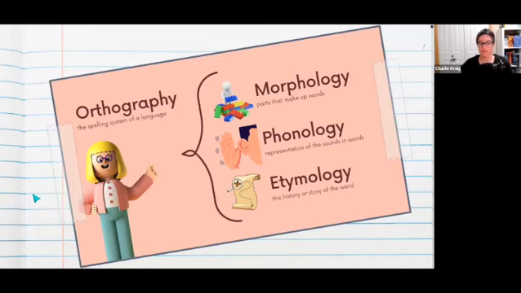Because one of the pieces that has historically been missing from spelling instruction is understanding that the purpose of English spelling is to communicate meaning first and foremost. And that's where it's helpful to have the story of the word or understanding how the word is built in order for us to develop that meaning connection.